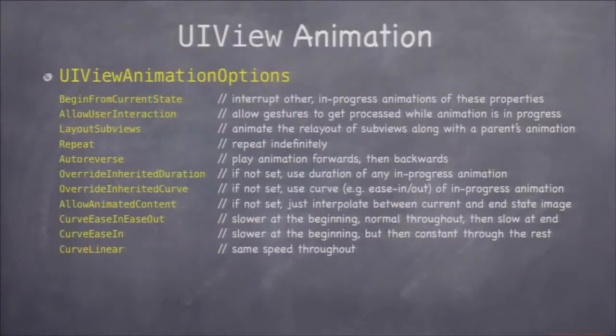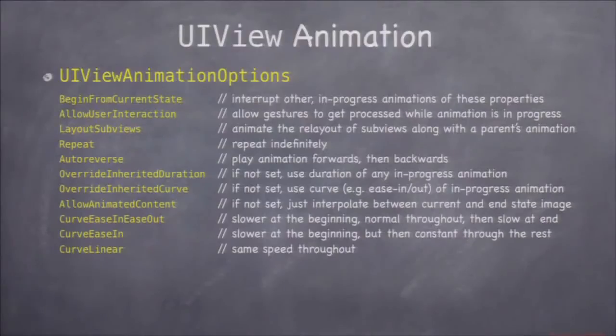The first one's an interesting option, begin from current state. So if you set this option on, in the options list, what this means is if there's another animation that's going on that is animating the things I want to animate, then pick up from wherever they are when you do my animation.